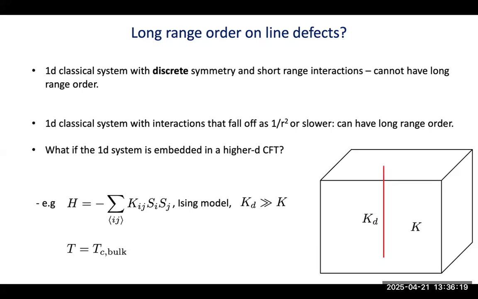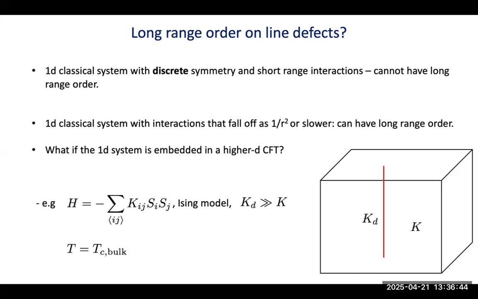That's well known. So I'd like to ask, what is the analogous statement about a one-dimensional defect embedded into some bulk system described by conformal field theory? To have something in mind, let me just consider an Ising model in d dimensions.